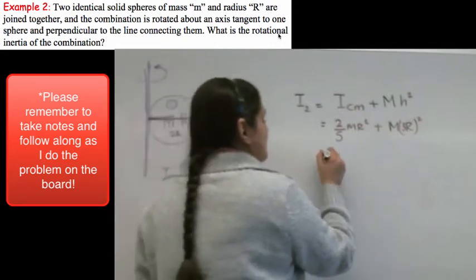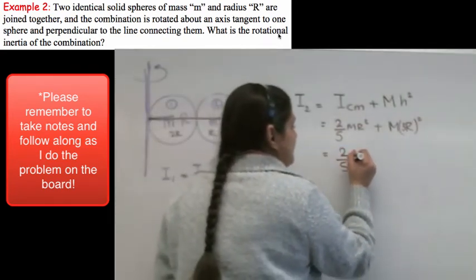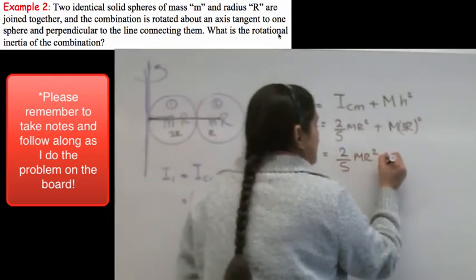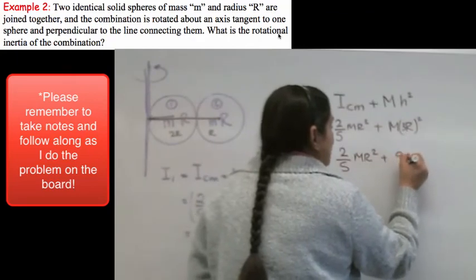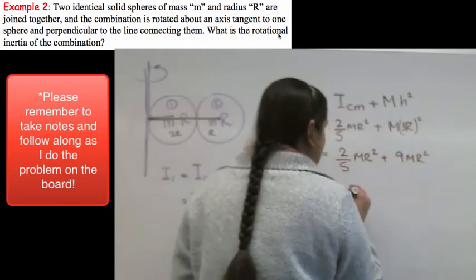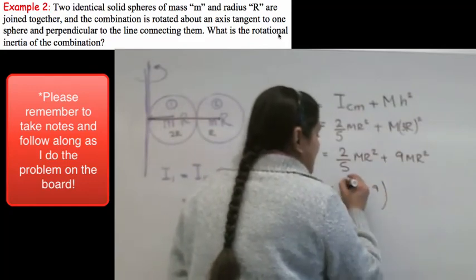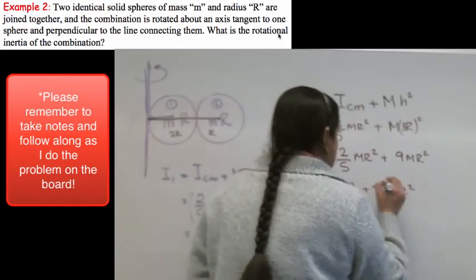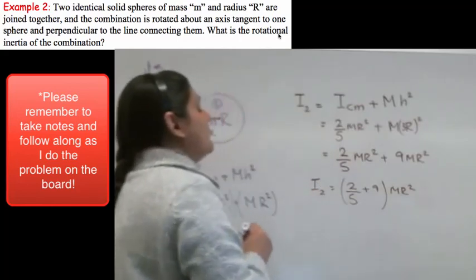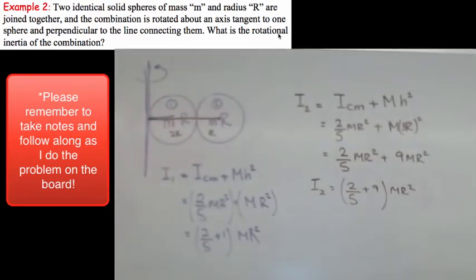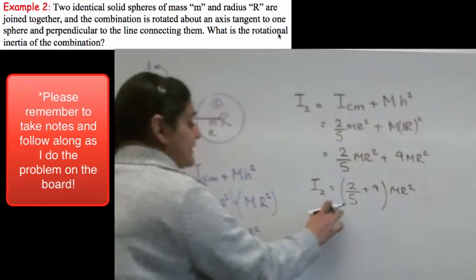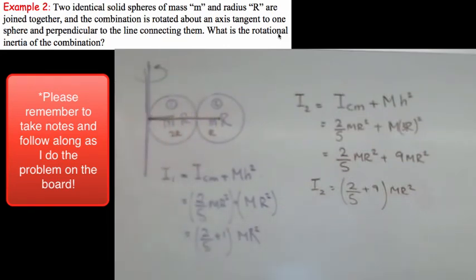Good. So this is going to be 2/5 mr squared plus 9mr squared. This is going to be 2/5 plus 9 times mr squared. So I2 will now be equal to 2/5 plus 9. So these two are not going to be the same. They're actually going to be different. Okay?